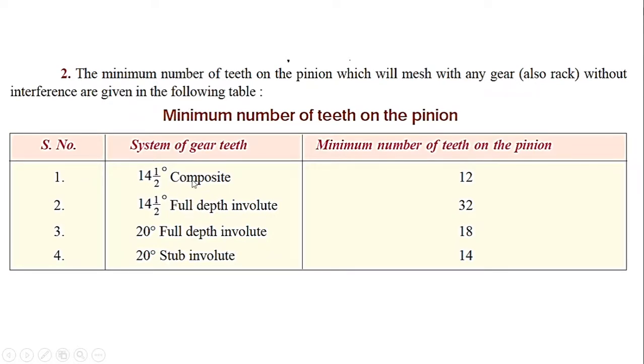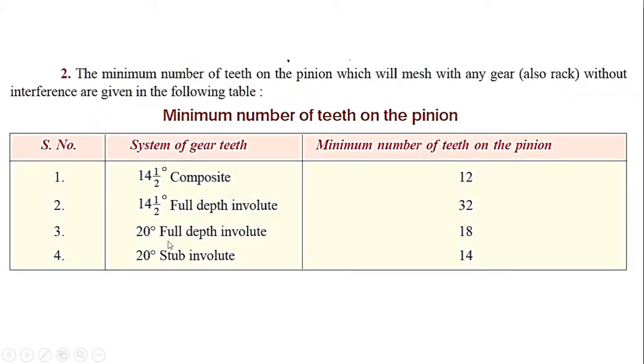The 14 and a half degree composite system uses 12 teeth on the pinion. For the second system, 14 and a half degree full depth, where 14 and a half is the pressure angle of the gear wheel, the full depth involute gear uses a minimum of 32 teeth.